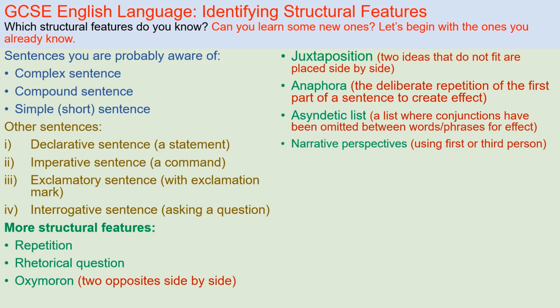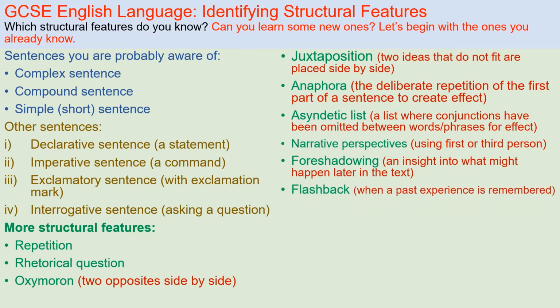Now again, the narrative perspectives. So has the writer written in the first or third person? Another one is foreshadowing. When giving an insight into what might happen later in the text, has the writer applied a feature of foreshadowing?